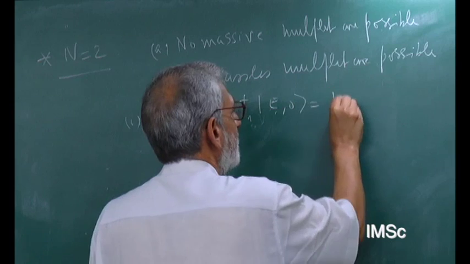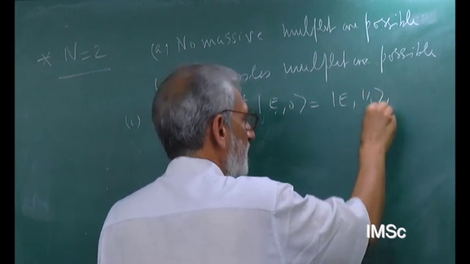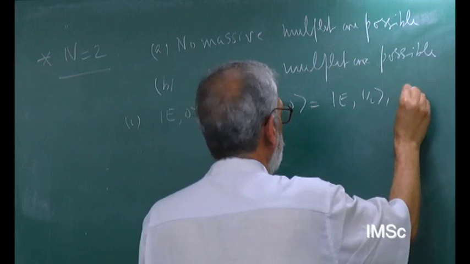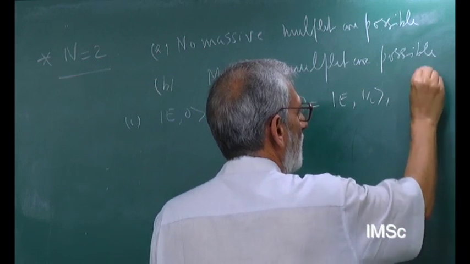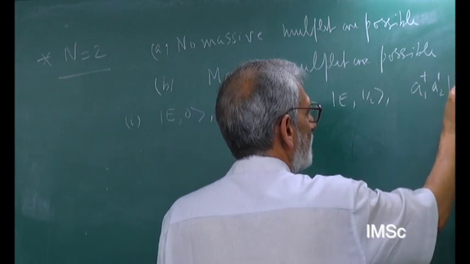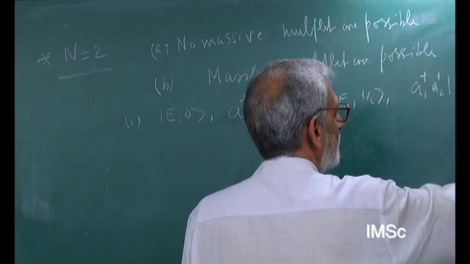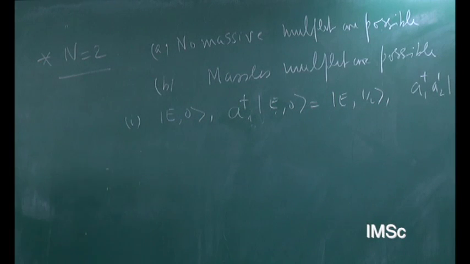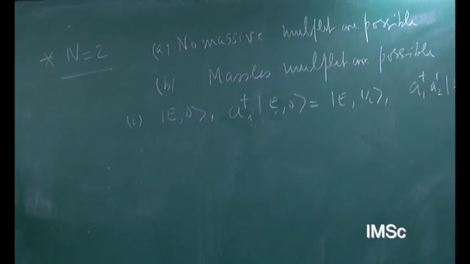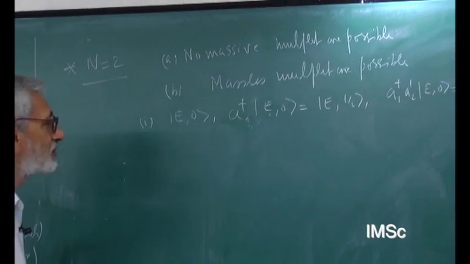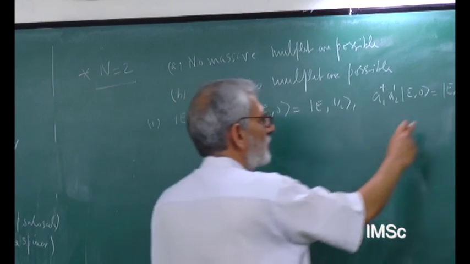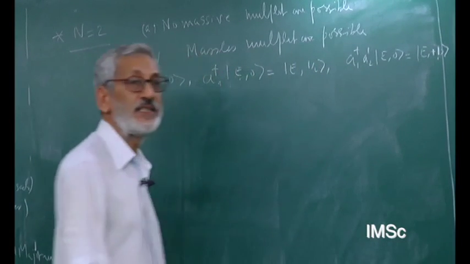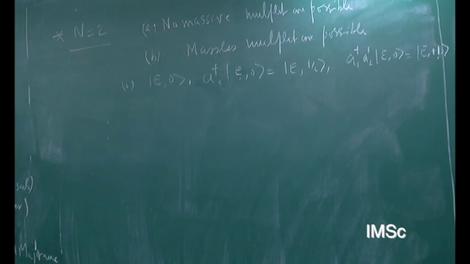So this is E, then A1, A2 on it. No, sorry, this will be plus half, plus 1, because each of these oscillators increases the helicity by 1 unit.